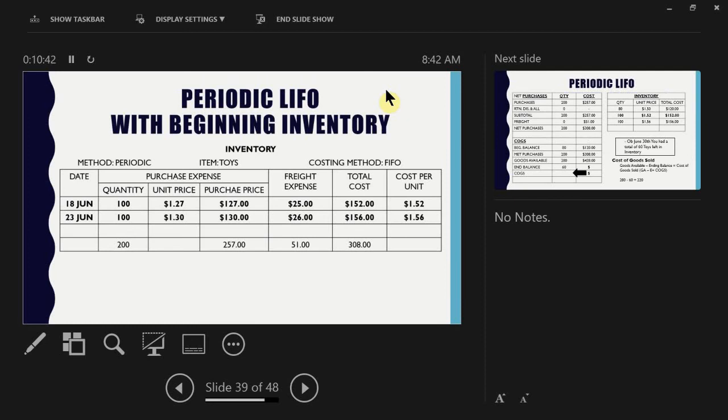Since we reached the end of our cycle here, we're going to do our adjustments to our inventory at the end of June 30th. So in this case, we have 200 toys purchased, $257 total with the $51 of freight, giving us a grand total of $308 this time.